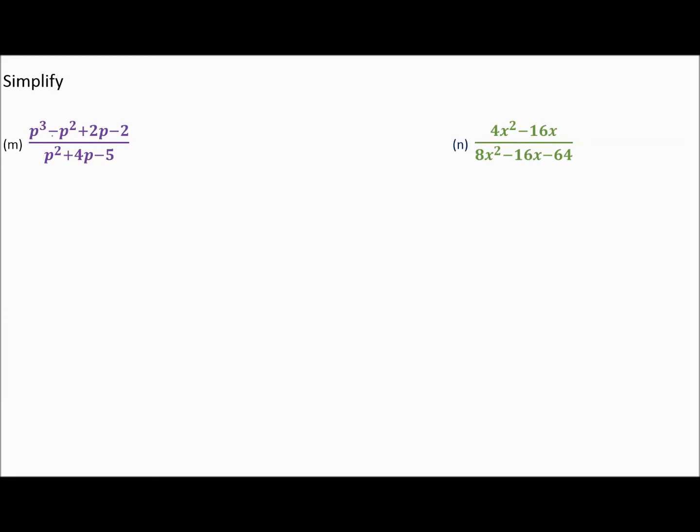So this is kind of scratch work that I'm doing here. I'm trying to factor p to the third minus p squared plus 2p minus 2. And factor by grouping, you group the first 2 and the last 2 together. Factor out the biggest thing you can, which is p squared out of the first one. Remember, you divide both of those by p squared.